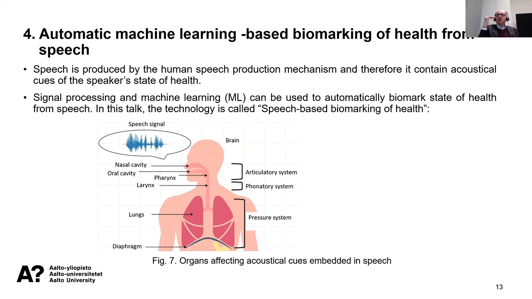The idea here is that, given that natural talkers use a range of different organs and physiological processes to create speech, if a speaker develops some kind of disease in some of these organs, then the acoustical characteristics of the speech signals change. So the idea is whether we could develop data-driven machine learning-based techniques which could automatically detect these diseases.